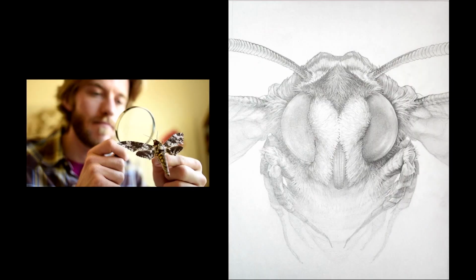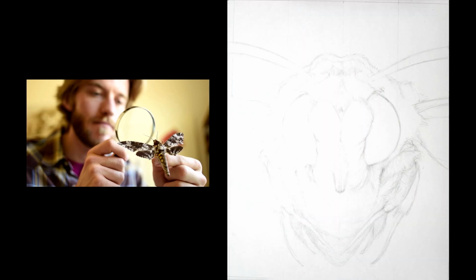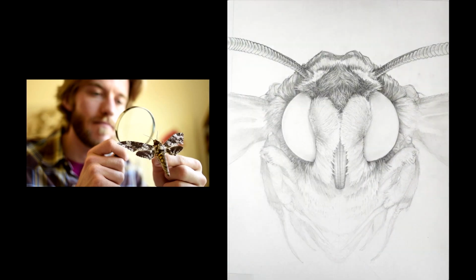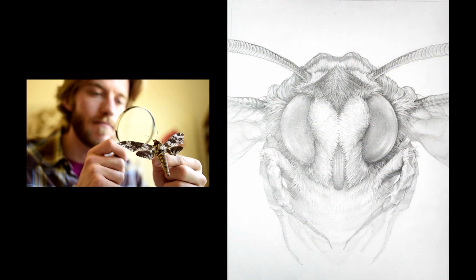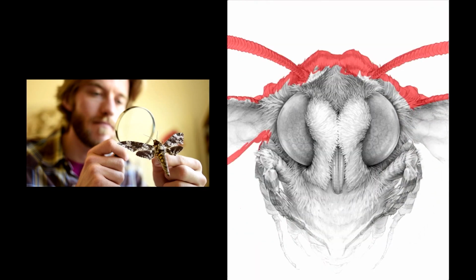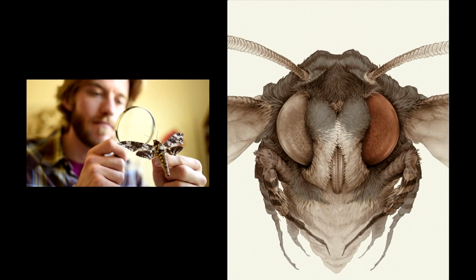And when I take this approach to my illustration work, my work usually starts on paper, and I like to draw in pencil, graphite pencil. When my pencil drawing is all done, I pop it into a flatbed scanner, and this digitizes the drawing for me.